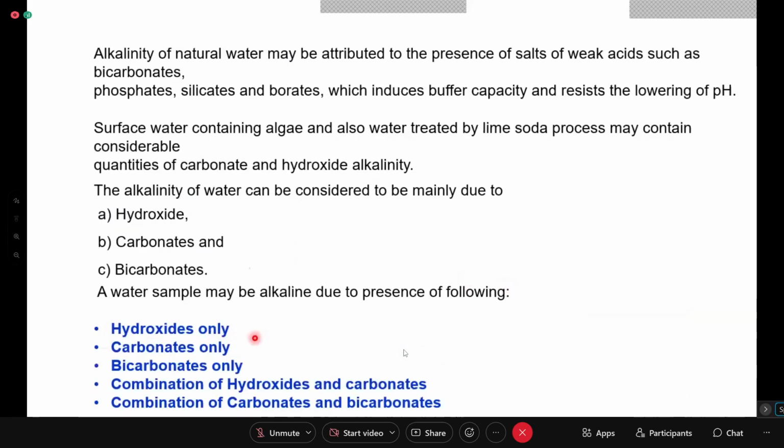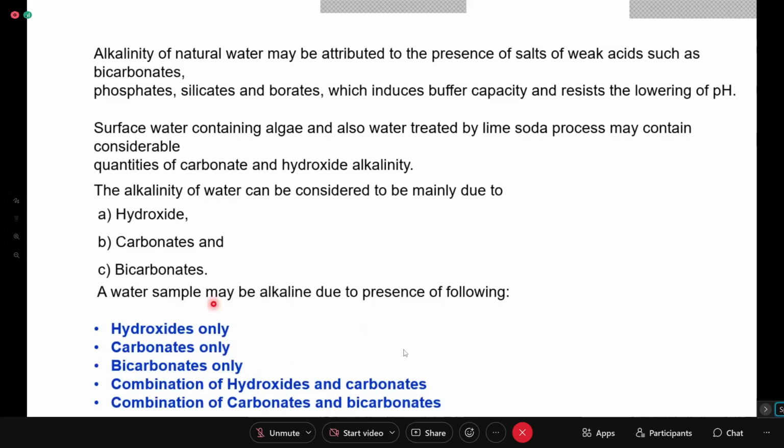Now, a water sample can be alkaline due to presence of hydroxide or carbonate or bicarbonate. If you get a water sample, it may be alkaline due to only hydroxide, or only carbonate, or only bicarbonate.